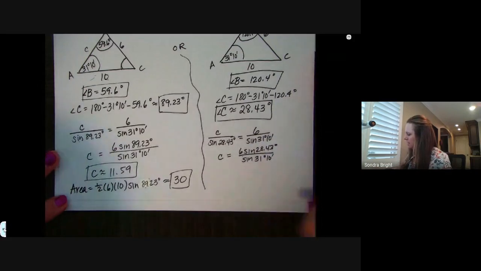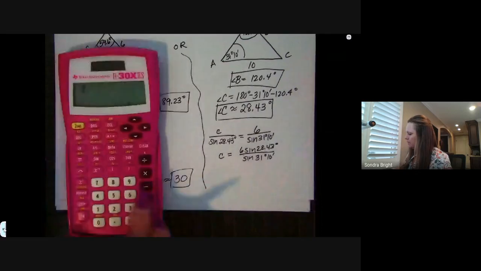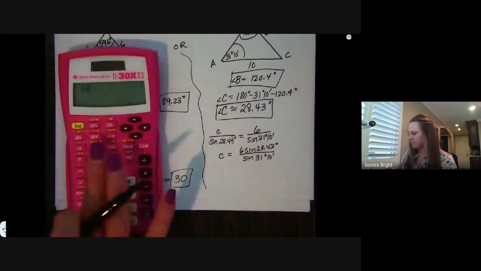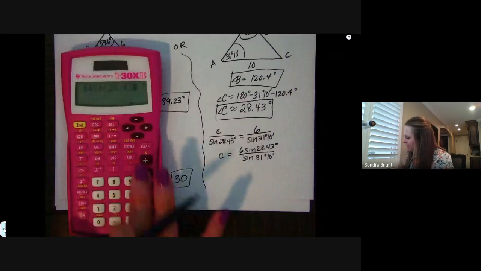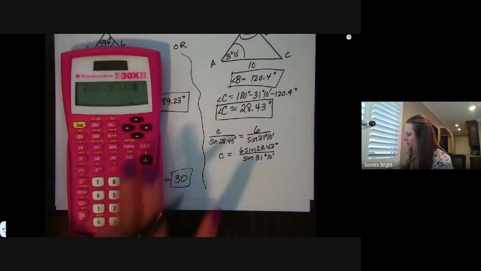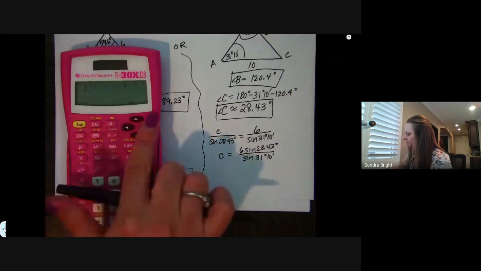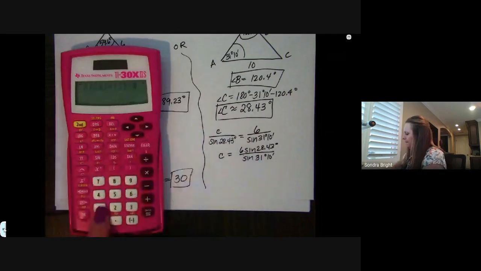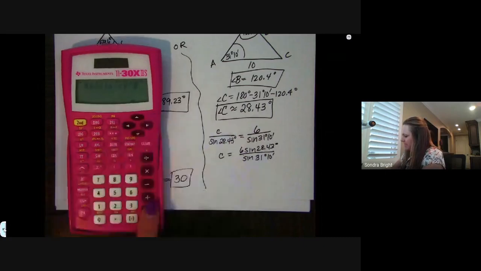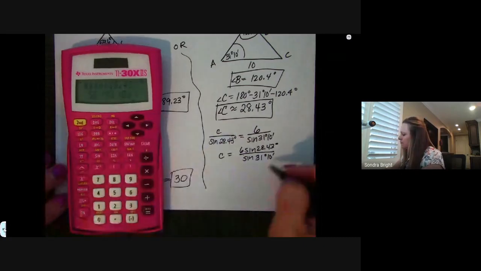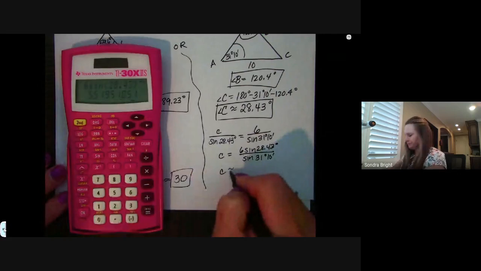6 times sine of 28.43 in parentheses, divided by sine of, all right, it might be worth it to store it. There we go. So side C is about 5.52.